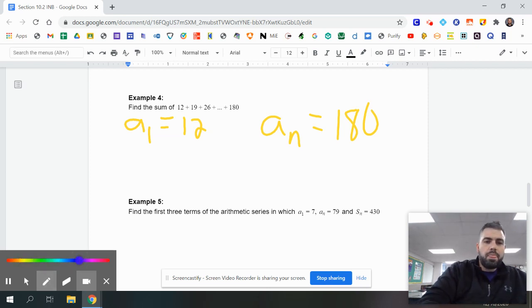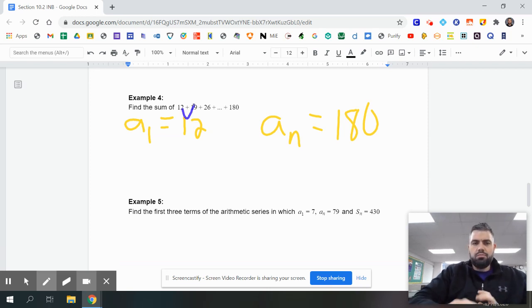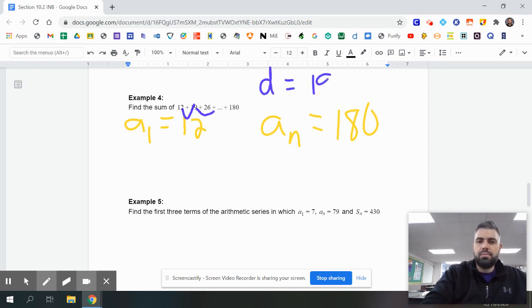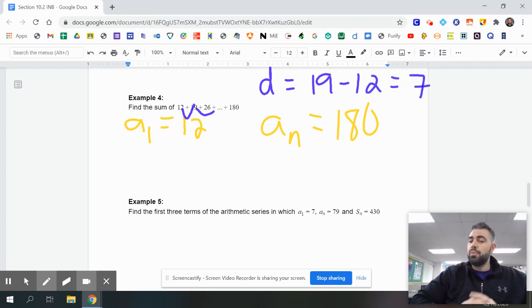What I'm going to do is say, well, what would I add to 12 to get 19? Or what would I add to 19 to get 26? Or another way you could do it is just subtract. You do 19 minus 12, second minus the first number, and that's 7. So my common difference is 7. Now, let's go back to the formula and plug in our numbers as we can.